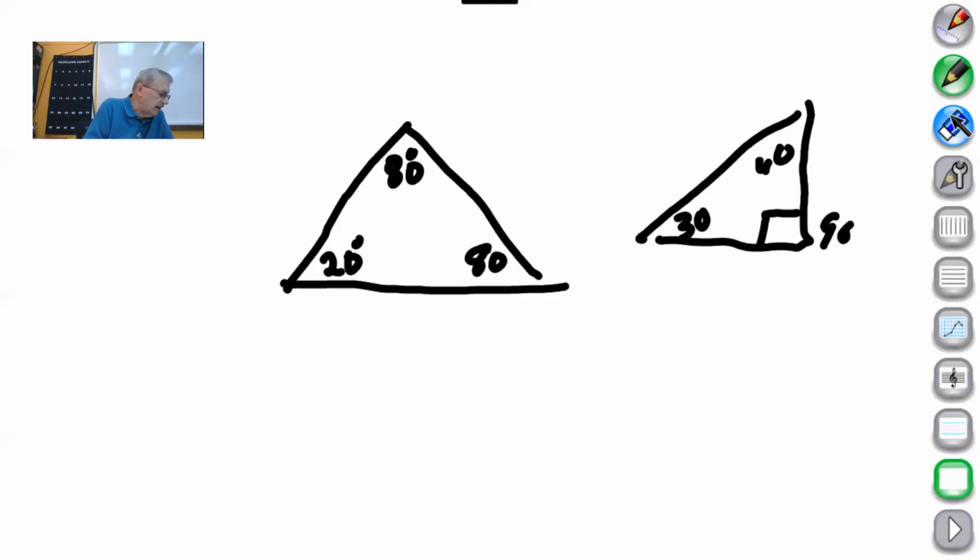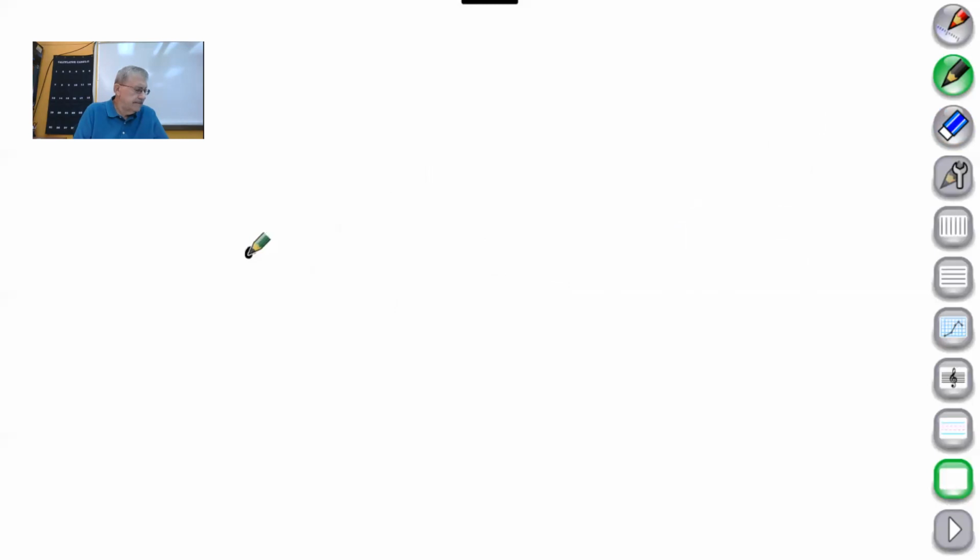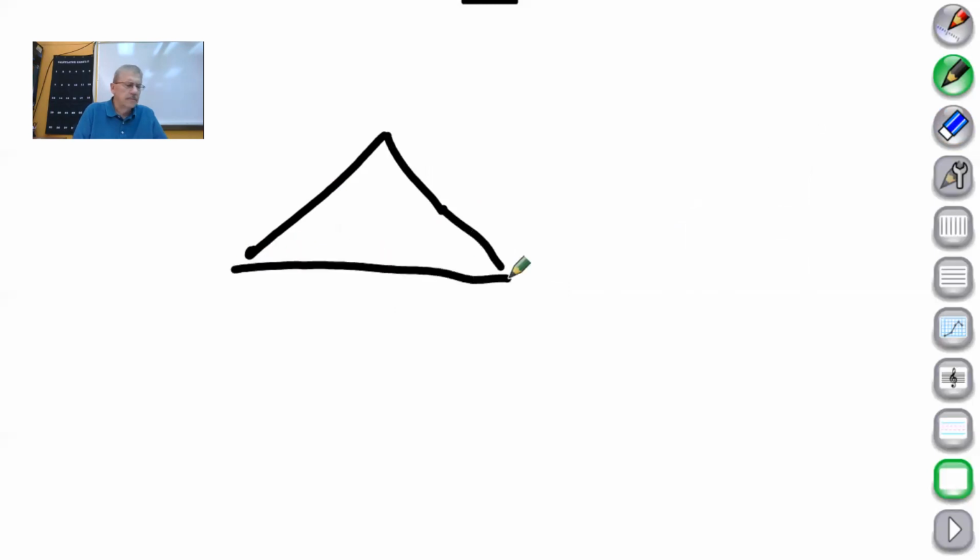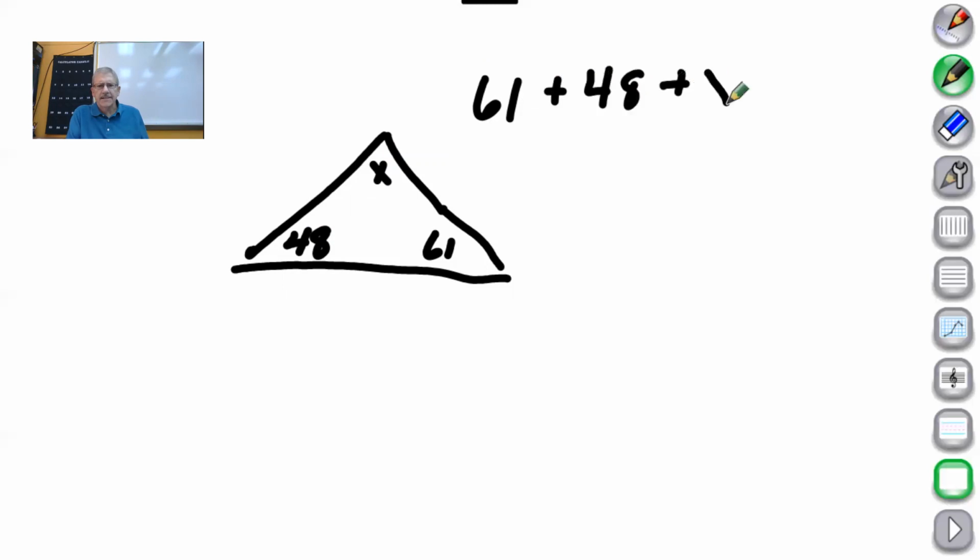Here they give you one in the book. It's pretty simple. You have a triangle here. This is 61, this is 48, and this is x. So we could write this in equation form as 61 plus 48 plus x equals 180.